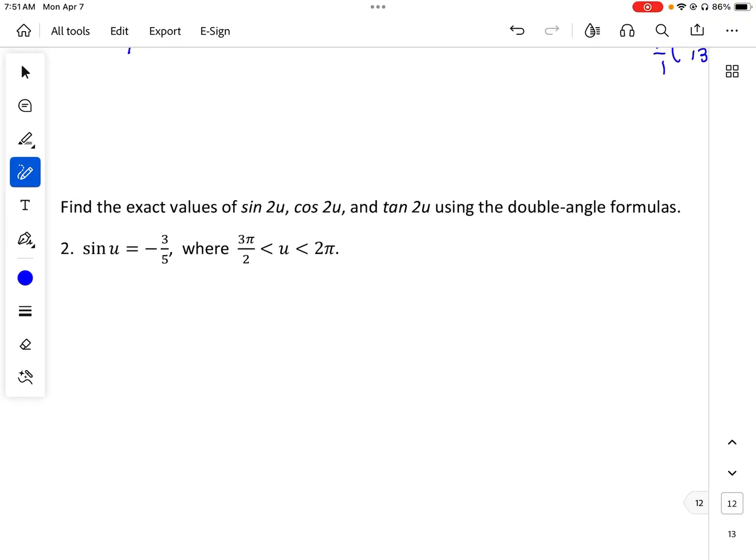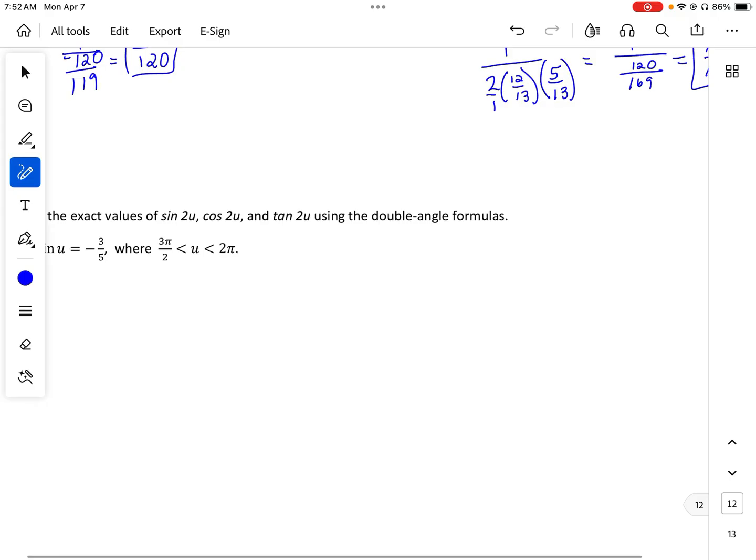All right, let's look at our next problem. Find the exact values of sine 2u, cosine 2u, tan 2u using the double angle formulas. Sine u equals negative 3/5, where 3 pi over 2 is less than theta is less than 2 pi. So let's think of our unit circle. 2 pi is here, and 3 pi over 2 is here.